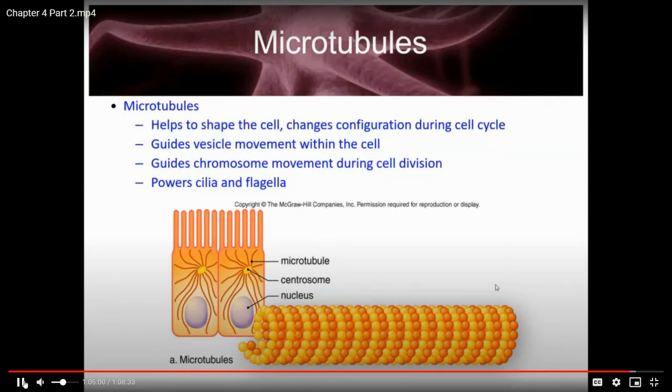They serve basically as a highway to help traffic those vesicles in the right direction. And they also guide chromosomes during cell division. And then they also associate with motor proteins to move cilia and flagella. Okay, so that's a lot of things. And yes, you should be able to tell all of them.